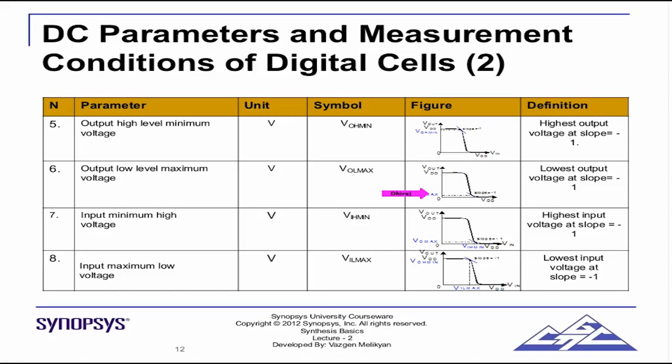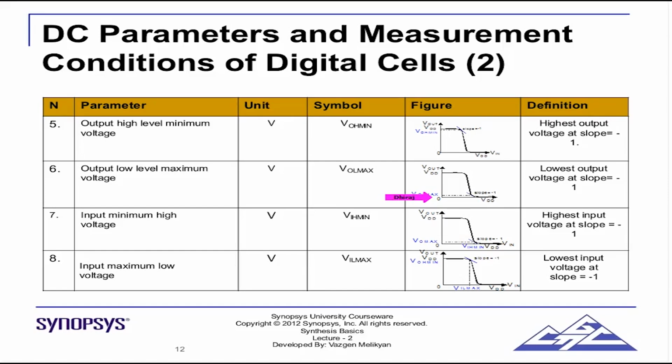Again, we have VIH min and VIL max, input minimum high voltage and input maximum low voltage. So VIH min is the highest input voltage at slope -1. Again at slope -1, we take VOH min and VOL max, and the V in value is the VIH min.